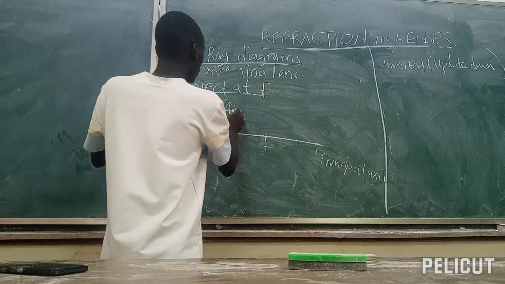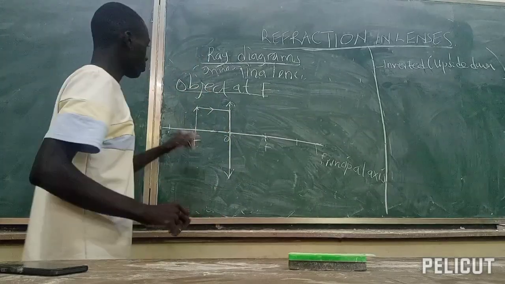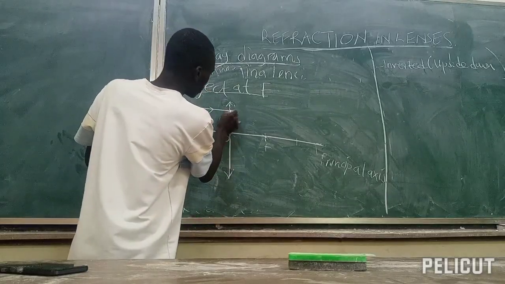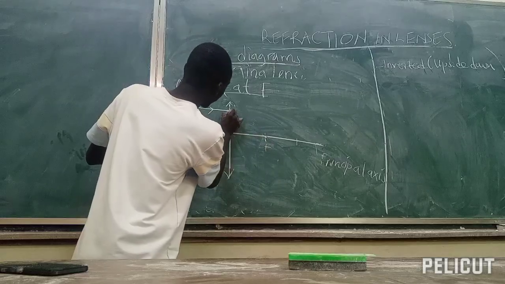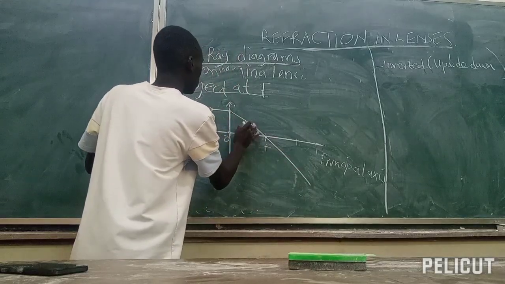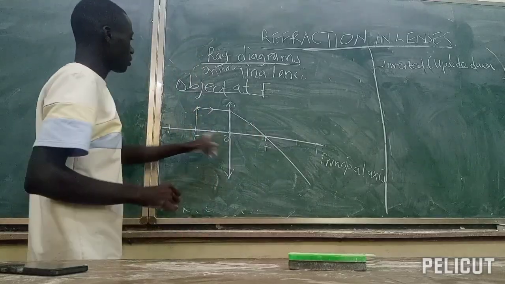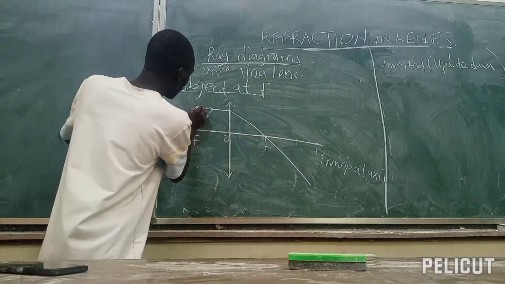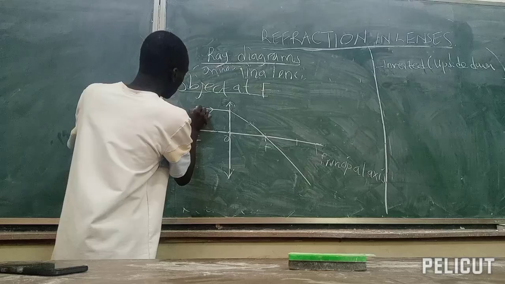The ray parallel to the principal axis must pass through the F. So it will go like that. Then we have the one passing through the optical center, which is not refracted.